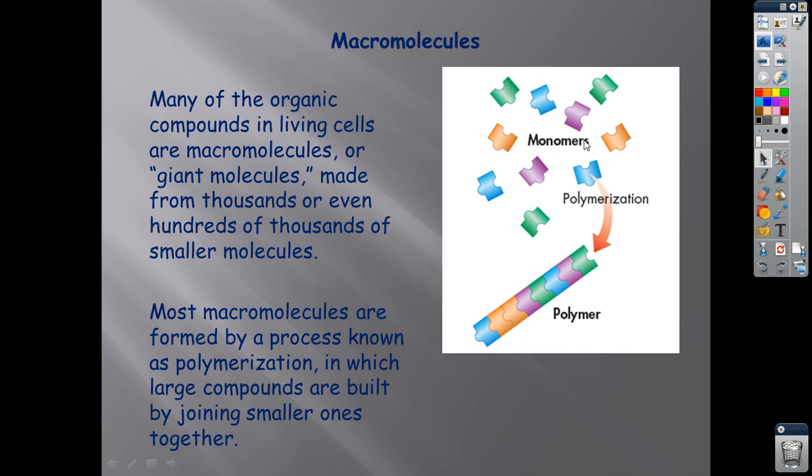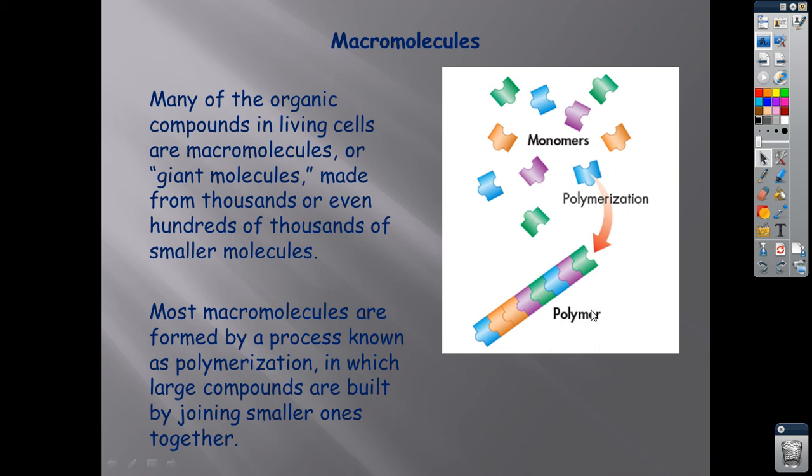Now, monomers will then start to link with each other, and when they do, we call that a polymer. So, hundreds of thousands of tiny molecules will form a monomer. Monomers will start to link together to form a polymer.